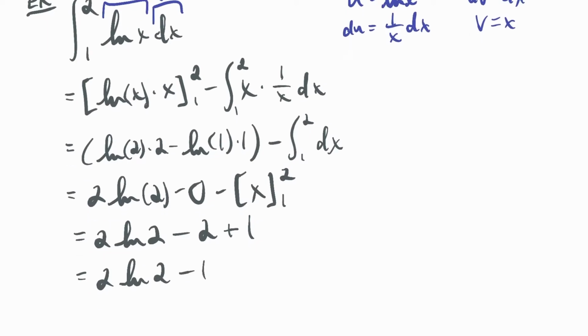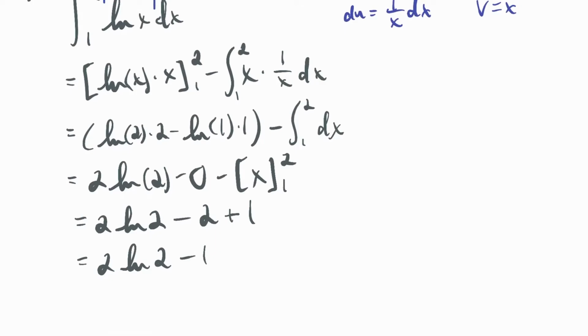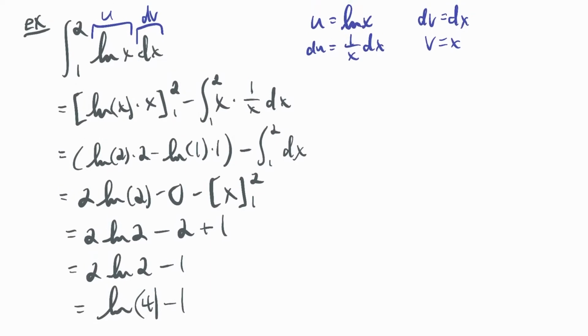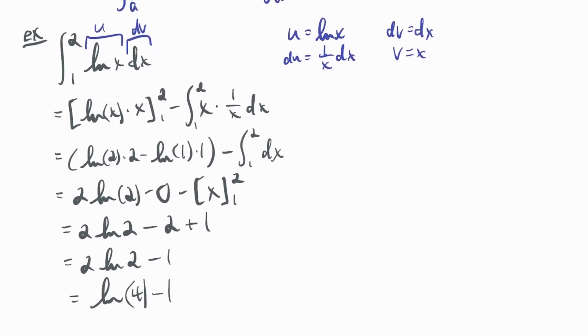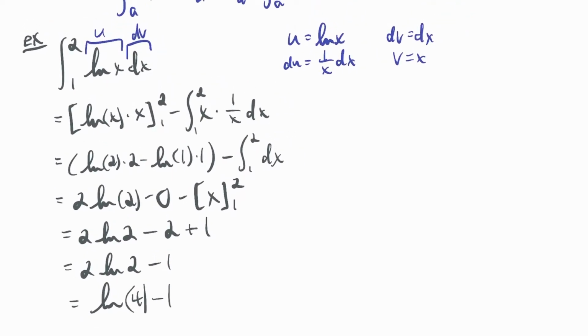And if I want, I can move this 2 into the exponent. So this is ln of 4 minus 1, if I want that. Not necessary, it's optional. Another option would be to just cite the antiderivative we've already found and just evaluate, and of course you'll get the same thing that way.